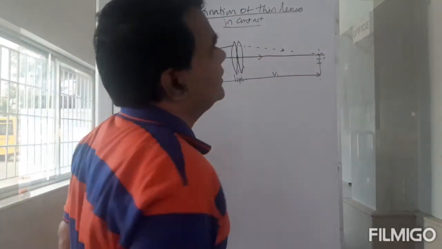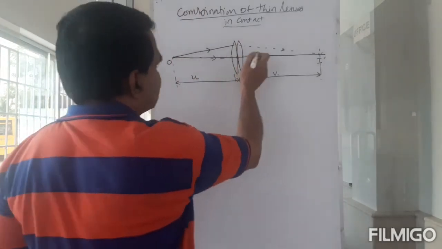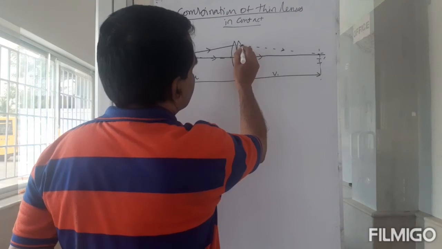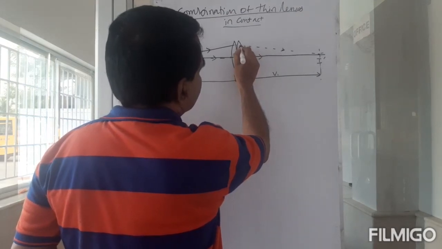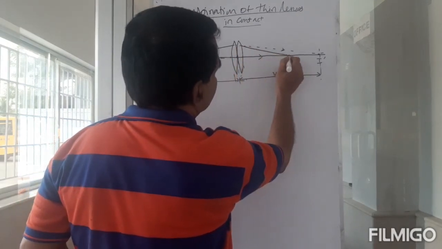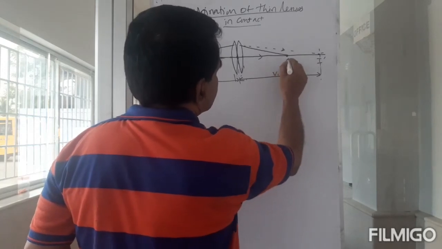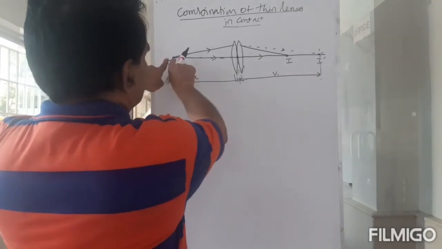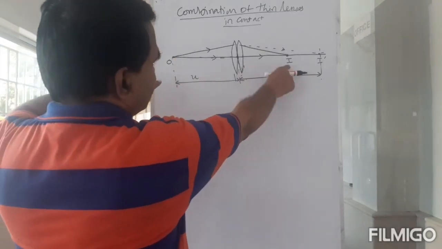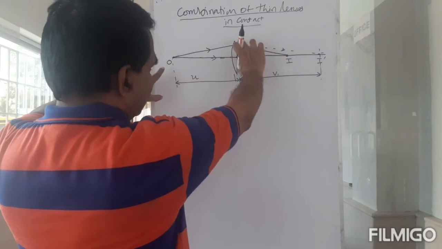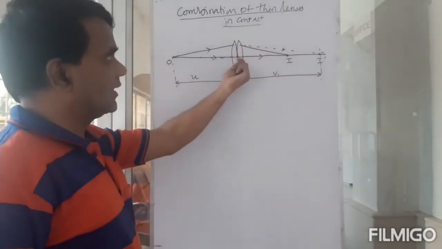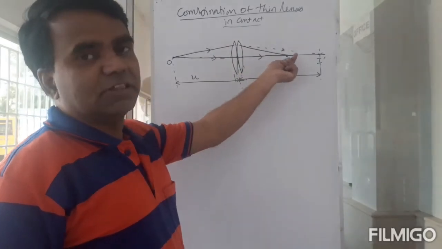Now we brought the second lens. Now this is going to converge the light further, and this is going to form an image somewhere here. So this is the actual image. Because of this combination, you have the object here and the image here. If the second lens was not there, the image would have been formed at I dashed. Because you brought the second lens, it is formed at this point.